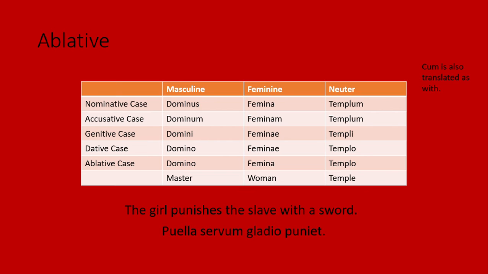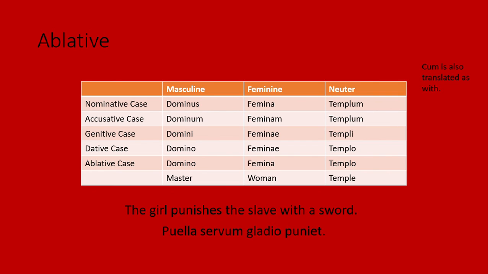The boy will go into the ablative case. And the ablative is also used for movement away from a place. So if it was a sentence saying the boy comes from the temple, temple would go into the ablative case and would be templo.